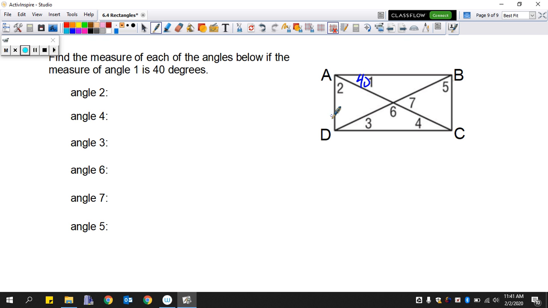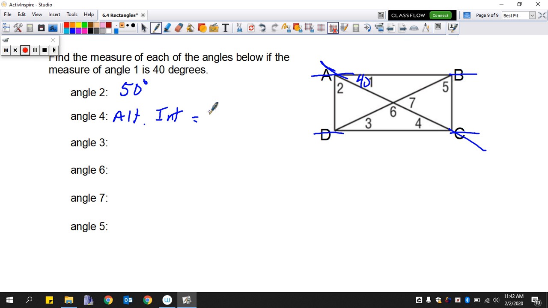So that means angle 2 has to be 50 degrees. All right. Angle 4, once again, remember these are parallel sides with a diagonal running through it. Okay, so these are alternate interior angles. So angle 4 is alternate interior, which is equal to 40 degrees.